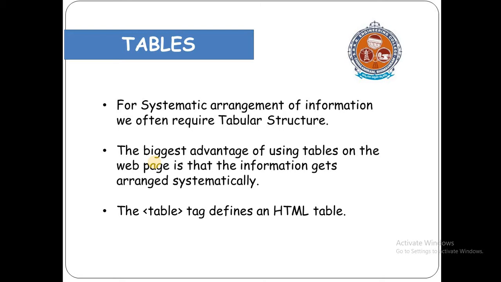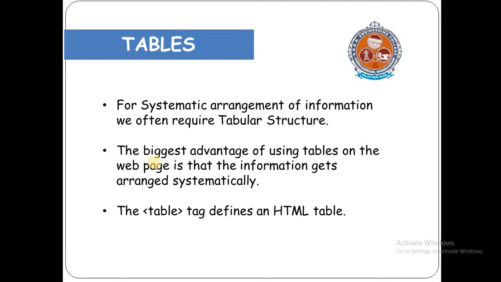For systematic arrangement of information, we often require a tabular structure. If you want to add some 6 images in a tabular format, you can use tables. If you want to use our data systematically, we can use this tabular format. For a good look and feel, we should use these tables. The biggest advantage of using tables on the web page is that the information gets arranged systematically.